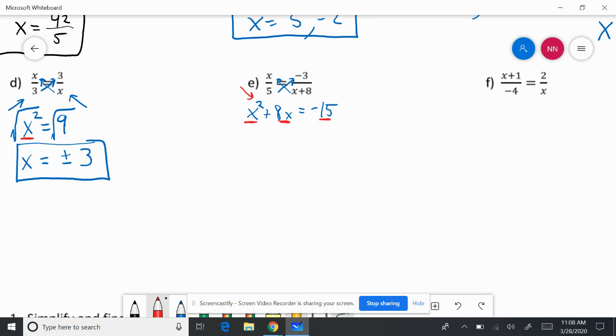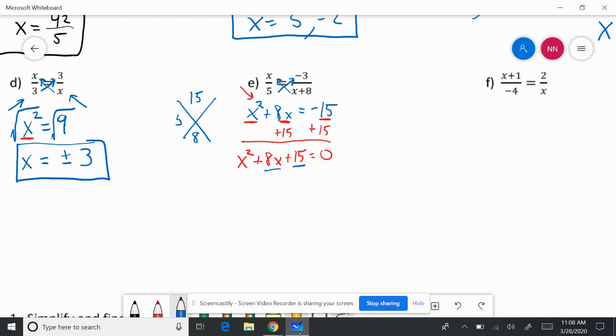If you remember, whenever we have a quadratic, we set it equal to 0. So we're going to add the 15, and we get x squared plus 8x plus 15 equals 0. So we're going to look for two numbers that multiply together to give us 15 and add up to 8.